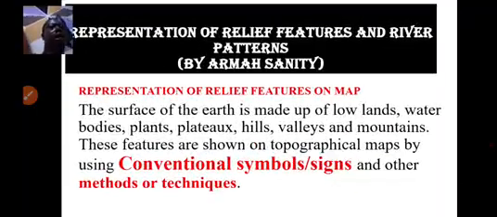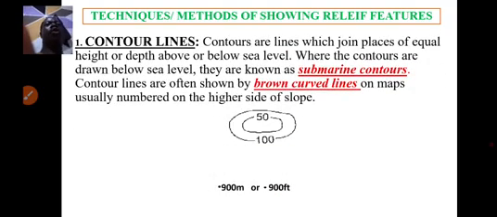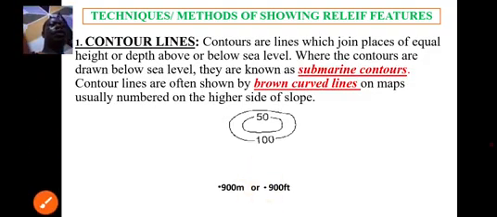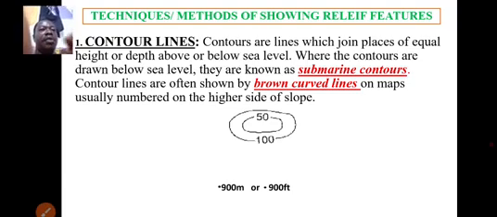Yeah, so we have contour lines, and these contour lines join places of equal height or depth above or below sea level. You can see that where the contours are drawn below sea level, we normally call them submarine contours.